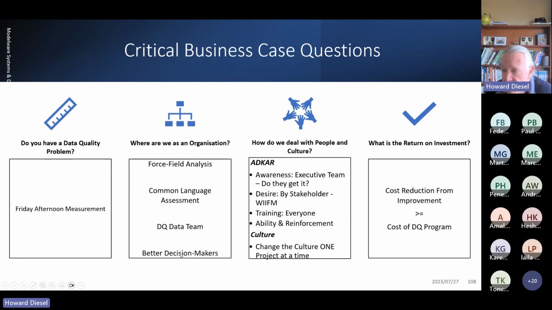What's the state of our business decision making based on data, the change? Awareness, desire, training, culture, and then this final summary of cost reduction. Any questions or comments on that before we go to the example?